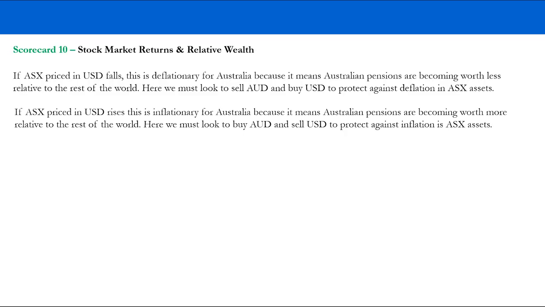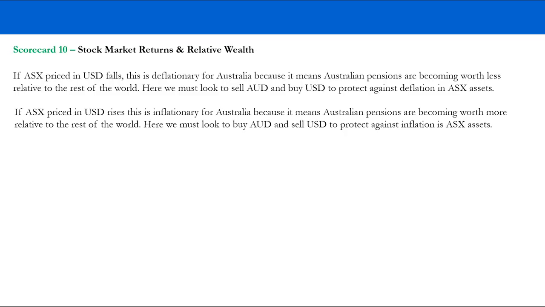If we see ASX priced in US dollars rising and we see a lot of confidence in the Aussie dollar, US dollar, then we have to buy it or have a long bias towards it to protect against the future inflation in ASX assets and in consumer inflation as well, and even business inflation.